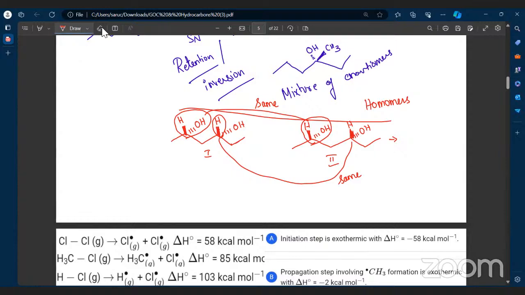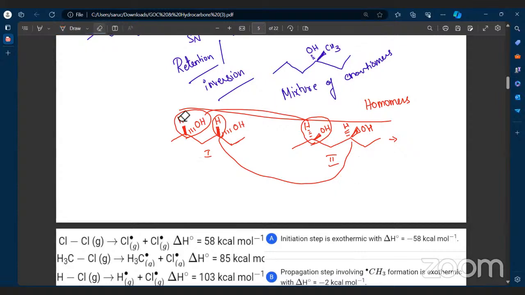For instance, now I have hydrogen in a dash bond. And here too, I have the hydrogen in a dash bond, OH in a wedge bond. Now tell me, what type of isomers they are?